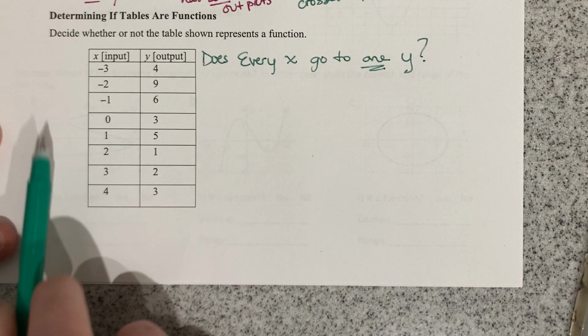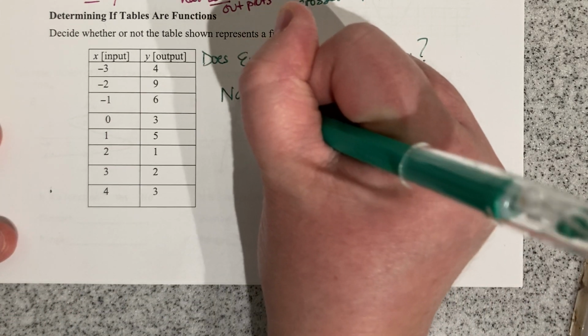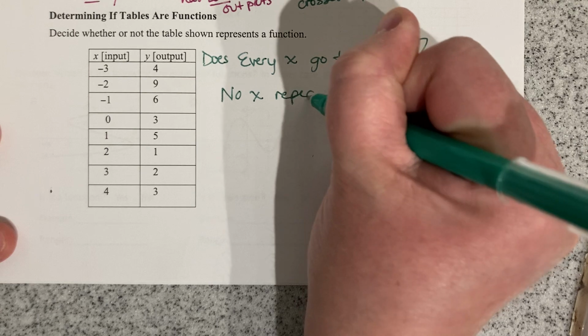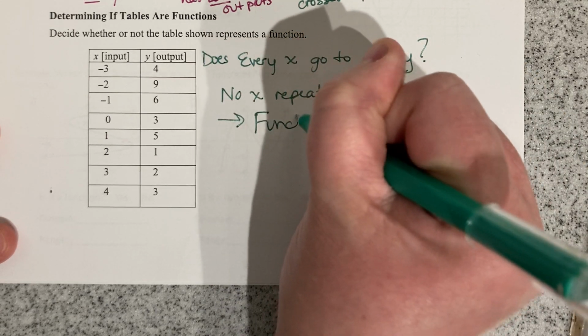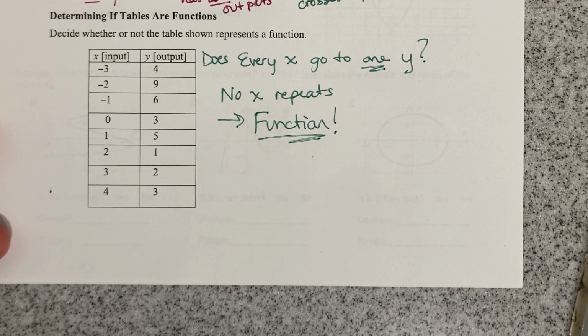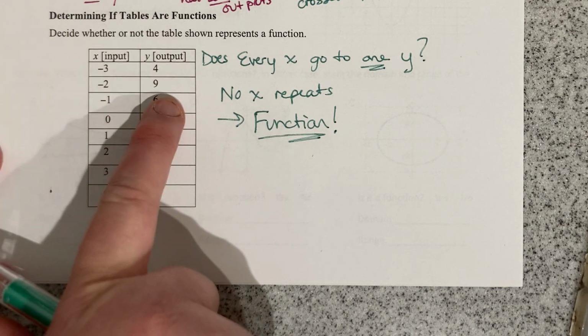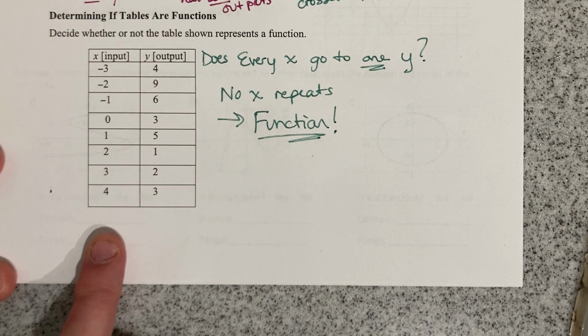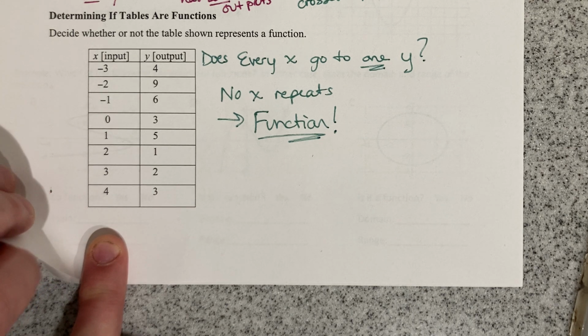The other way to look at it is, do any of the x's repeat? No x repeats. So this is yes, it is a function. So all we're looking for is, does each x go to a different y? In other words, are the x's all unique in the list?